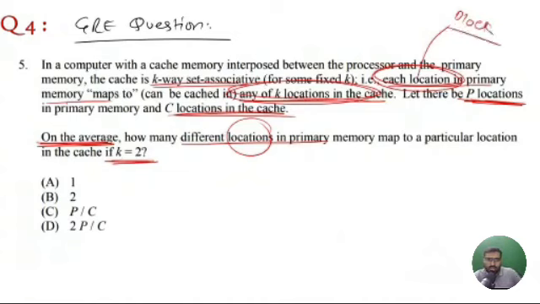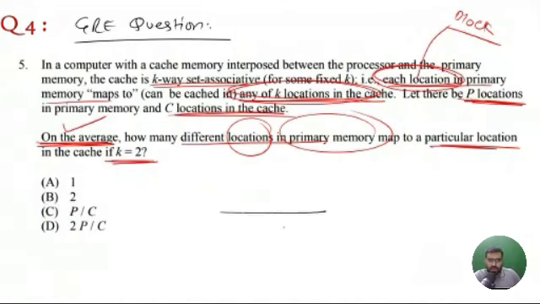So to a particular line, how many blocks will go? The answer will be P, the number of memory blocks, divided by the number of sets, which is C by 2.